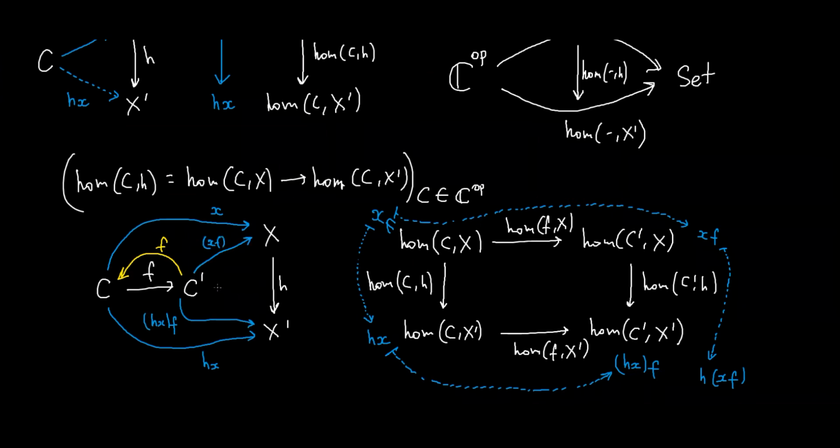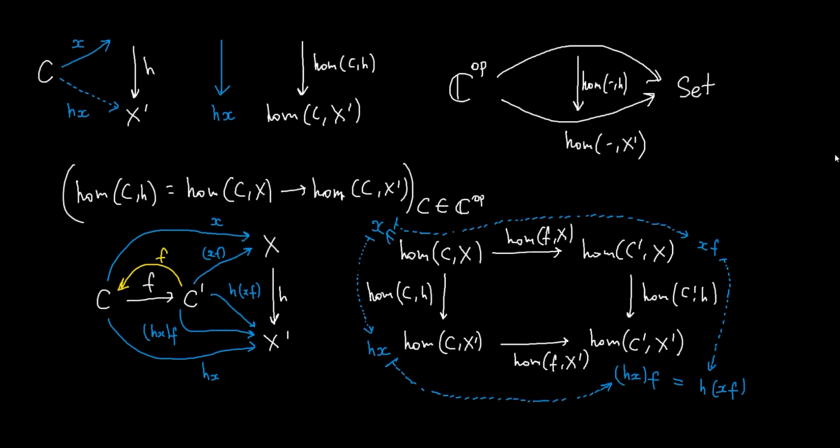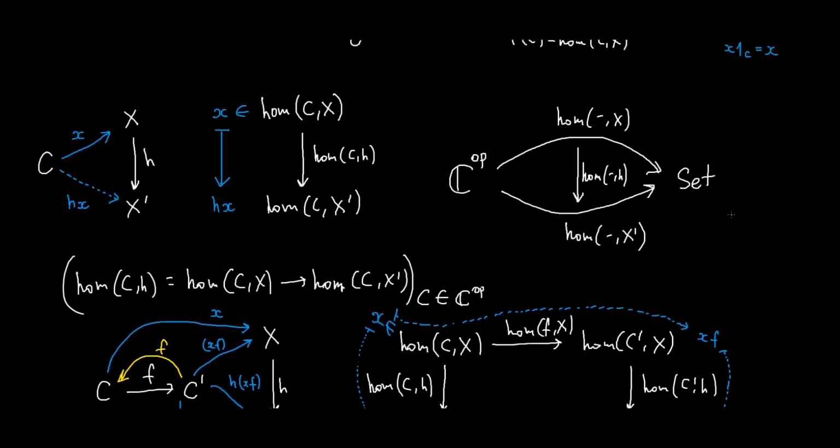And then compose that with H. So we get H composed with XF. And of course, these two composites are equal because of associativity of composition. So once again, associativity of composition is exactly what we need here. So we've now convinced ourselves that we have a natural transformation between these two Hom functors.